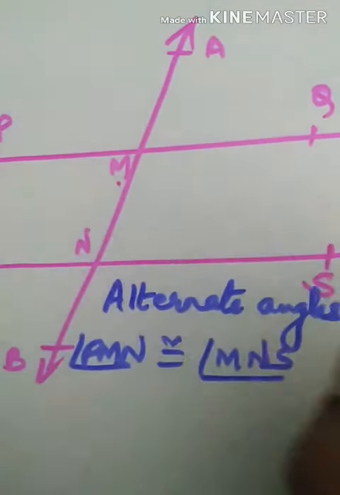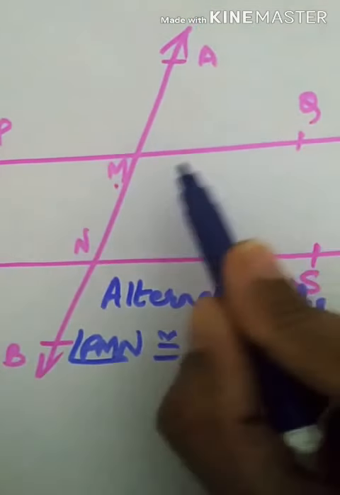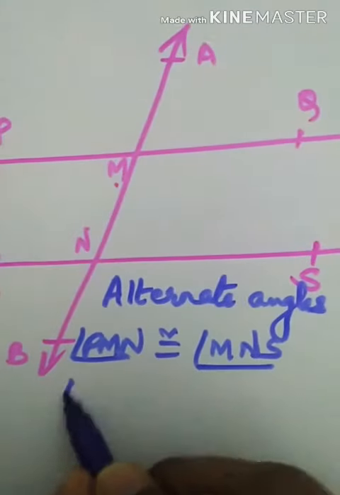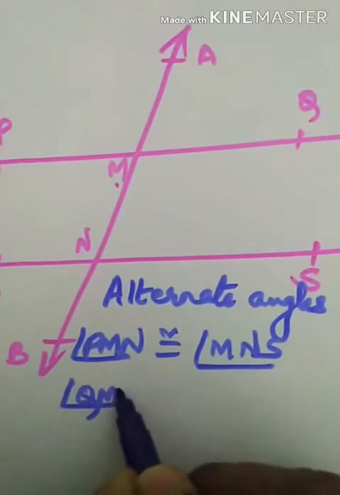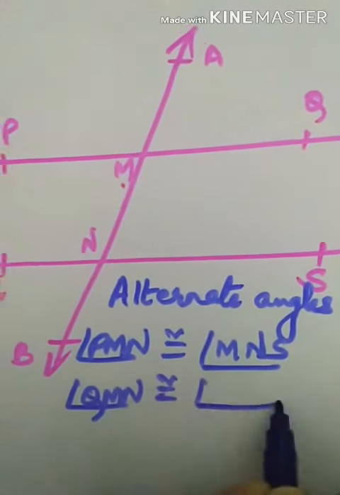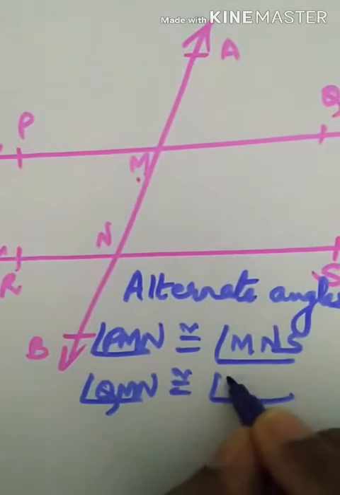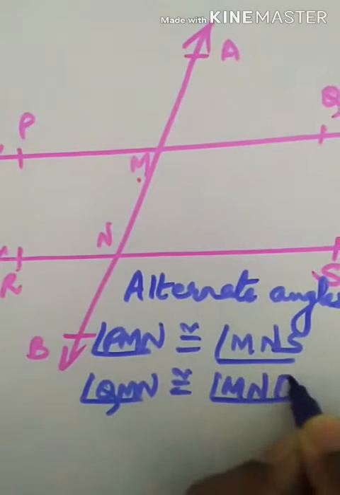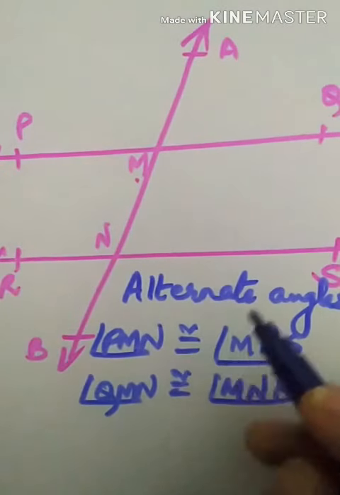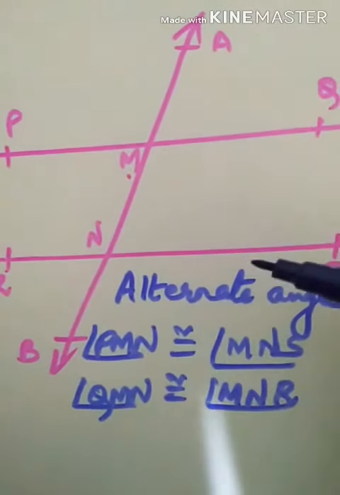Then the next is Z, that is this Z, angle QMN. So you will write angle QMN congruent to angle, QMN's pair is MNR. Alternate angles are also congruent if the lines are parallel.